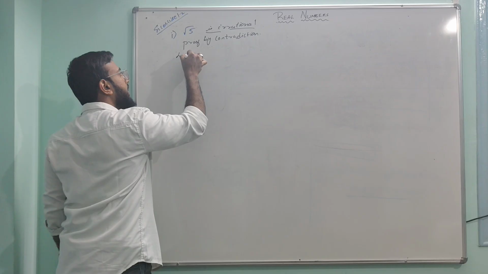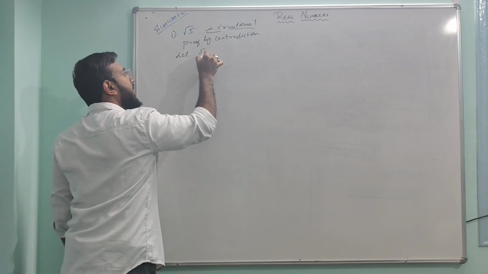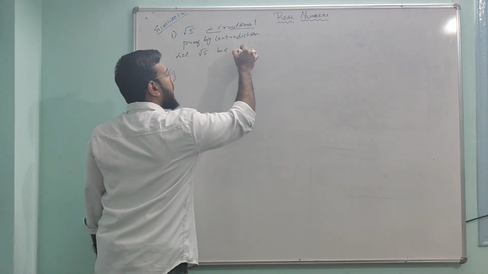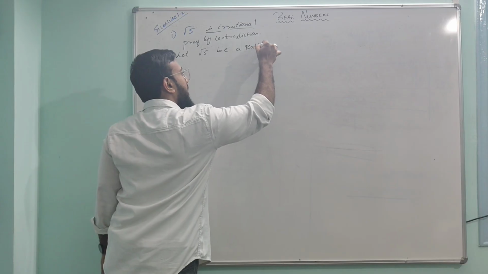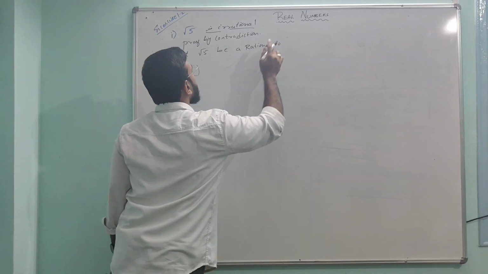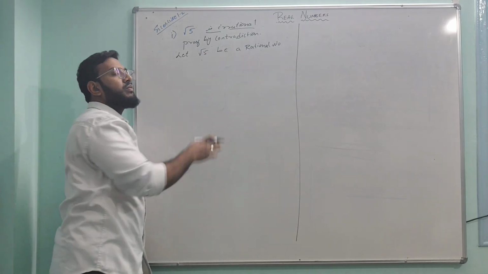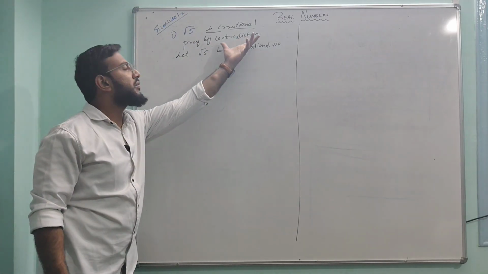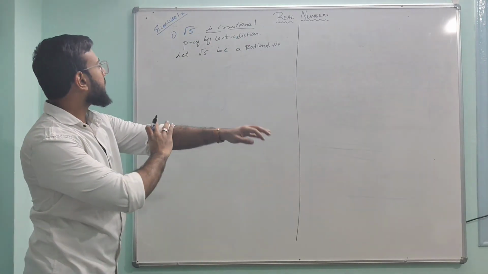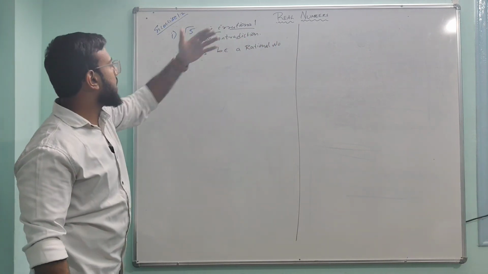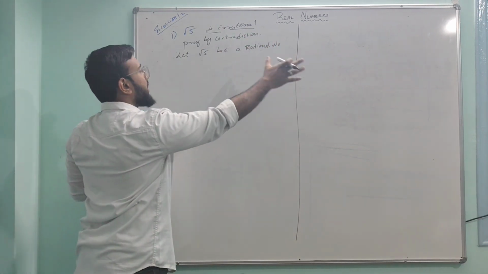Let root 5 be a rational number. We'll assume that root 5 is a rational number, and we'll prove this with the help of contradiction. What is this proof of contradiction? I'll tell you at the end, after solving the question, what exactly it is.